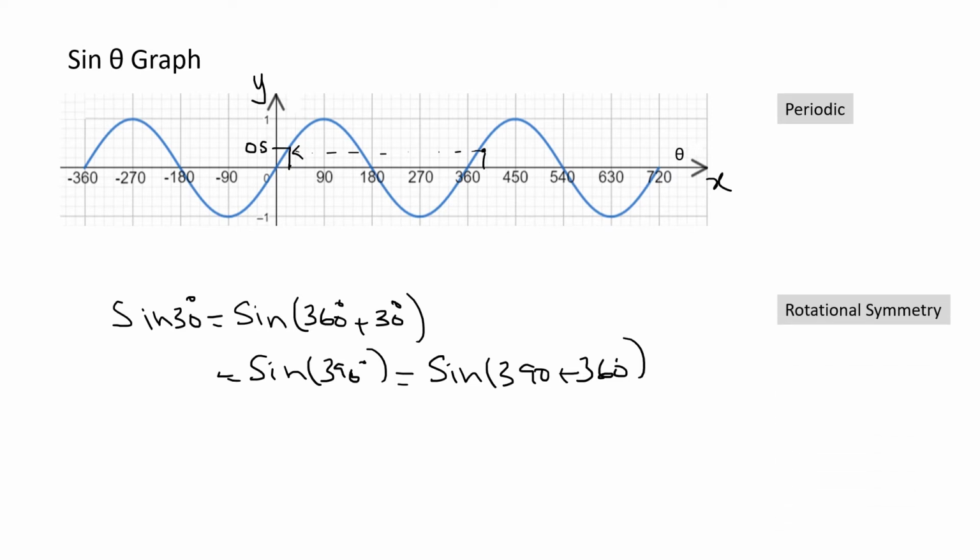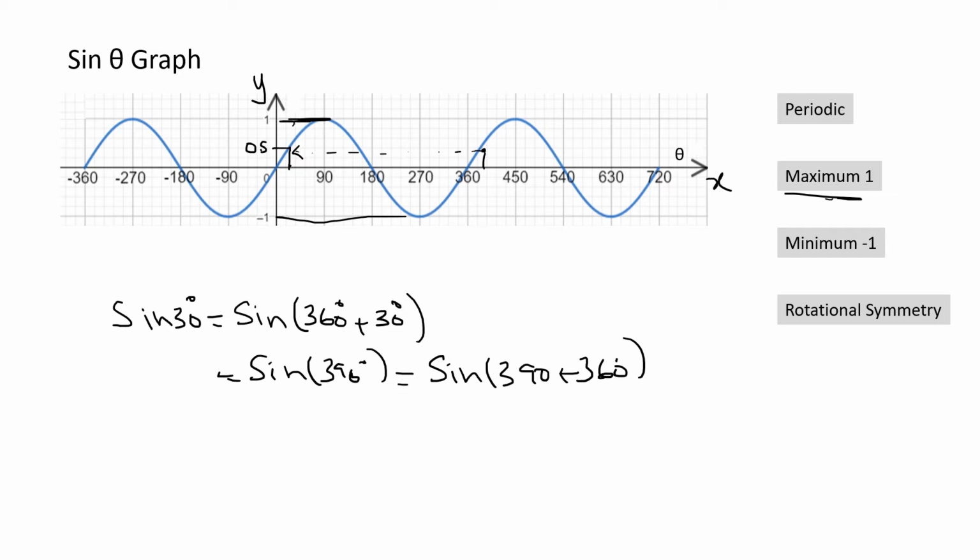And the second important characteristic is maximum. The maximum of this one is always 1. Sine graph always stays between 1 and minus 1. It will never go beyond 1 or go below minus 1. And it also has rotational symmetry.